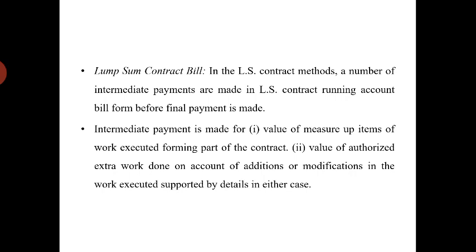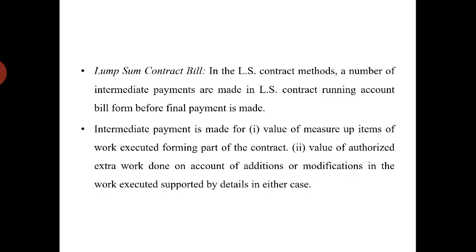So if you consider this overall work in 4 stages, then you divide the whole bill into 4 types. Then for each type of the bill, that much portion of the amount should be paid to the contractor. That much lump sum amount has to be paid to the contractors. It is nothing but the lump sum contract bill.